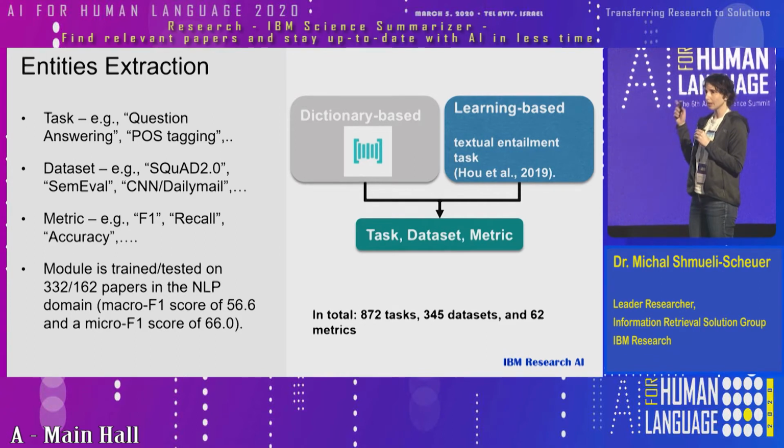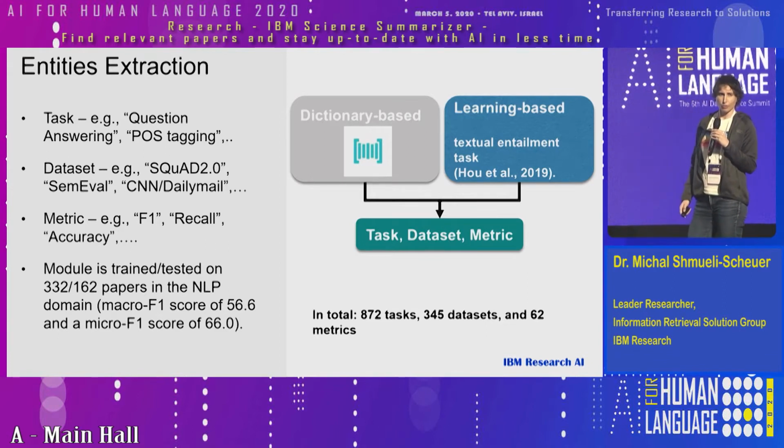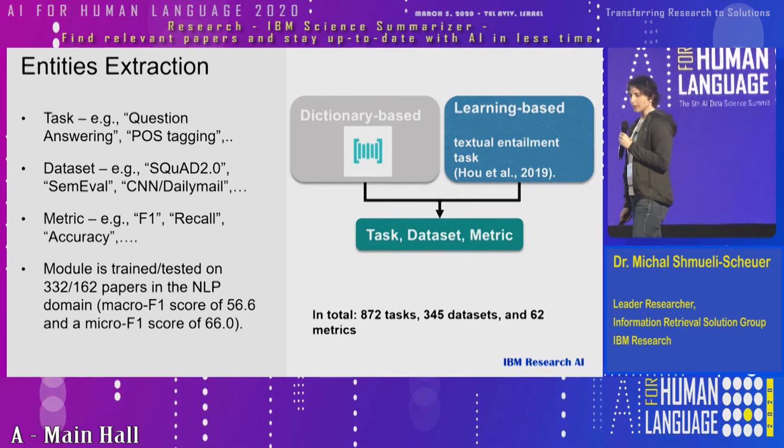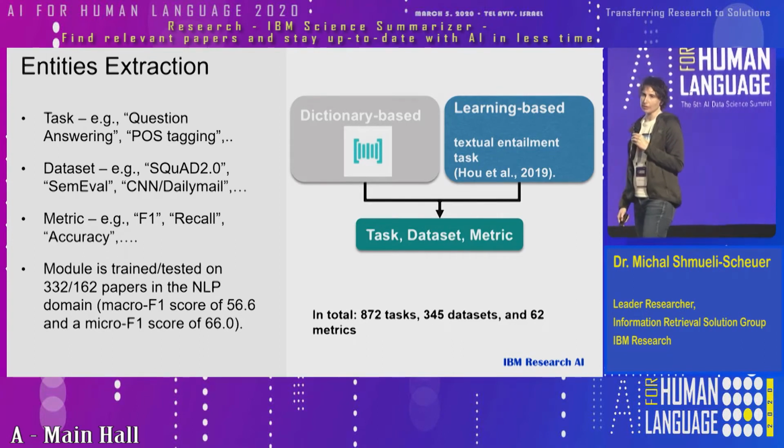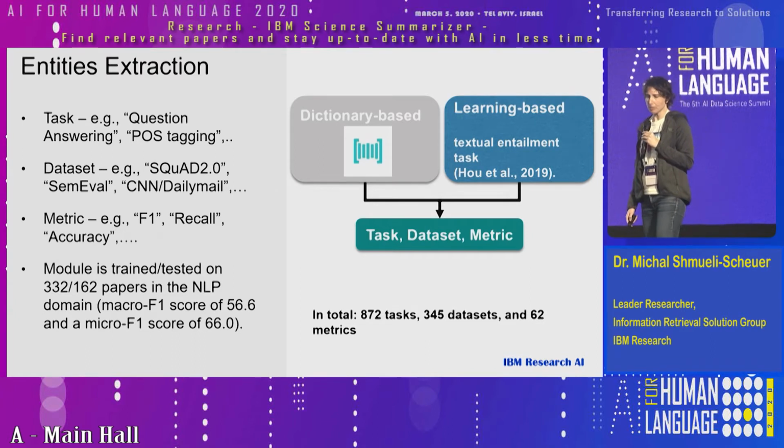So we're also taking an approach of learning in which, in collaboration with our colleagues from IBM Dublin, we implemented what we call a textual entailment problem, in which we treat the text as the content, and the triplet of task, dataset, and metric as the hypothesis.